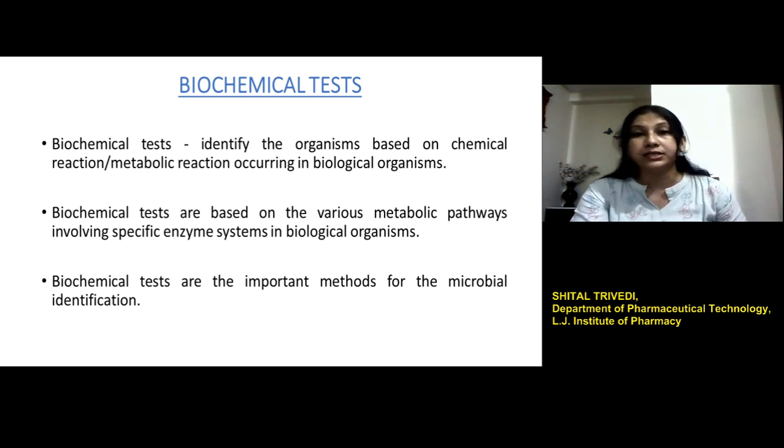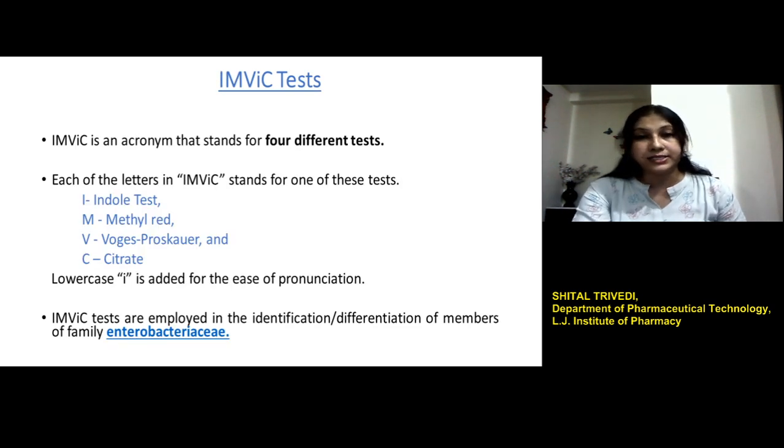These biochemical tests are important identification methods for microbial identification. Let's see about the IMVIC test. These are biochemical tests used to identify or differentiate the bacteria of the family Enterobacteriaceae. IMVIC is an acronym for 4 different tests.